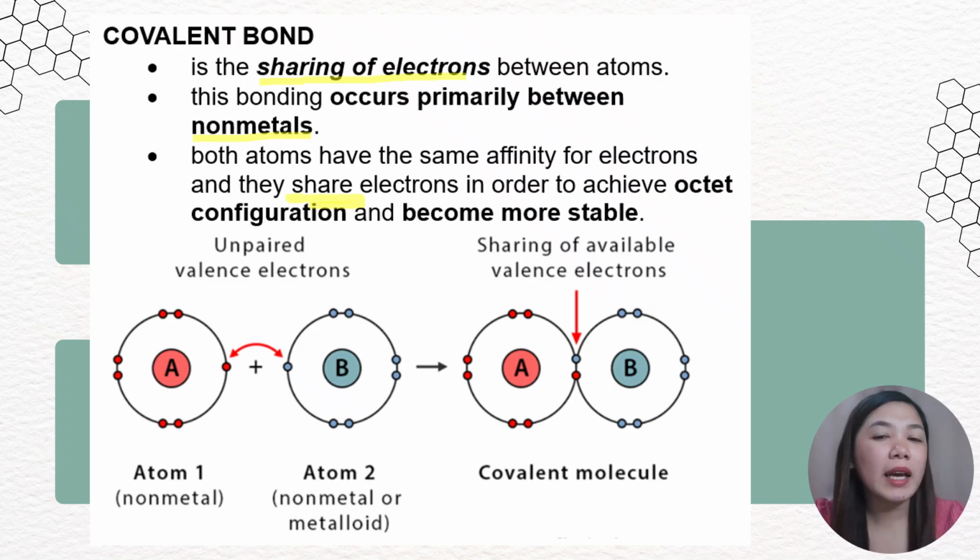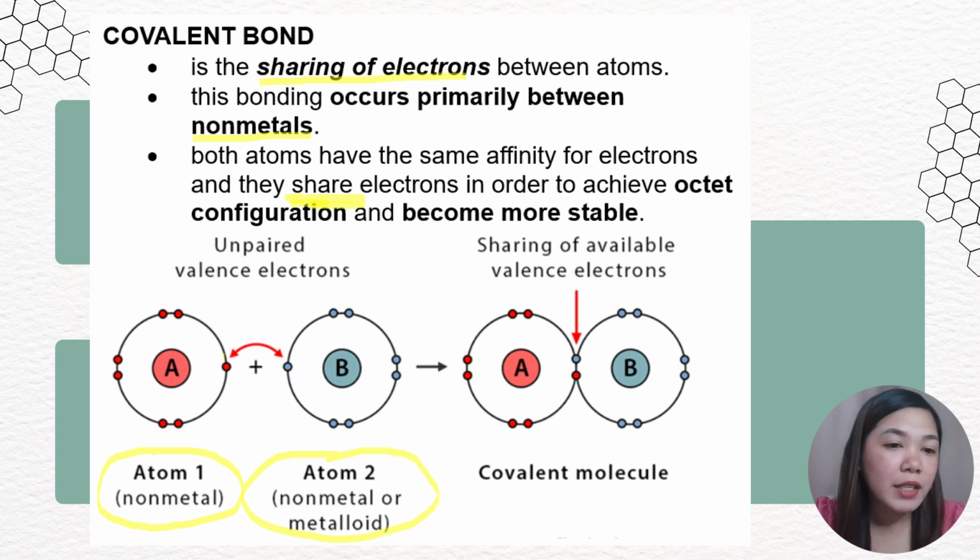So remember, in the ionic bond, electrons are being transferred. One gives, one receives. When it comes to the covalent bond, the electrons are being shared. Neither of them is going to give or receive, but both of them will share the electrons. So say for example, atom number 1, a non-metal, and atom number 2, also a non-metal.